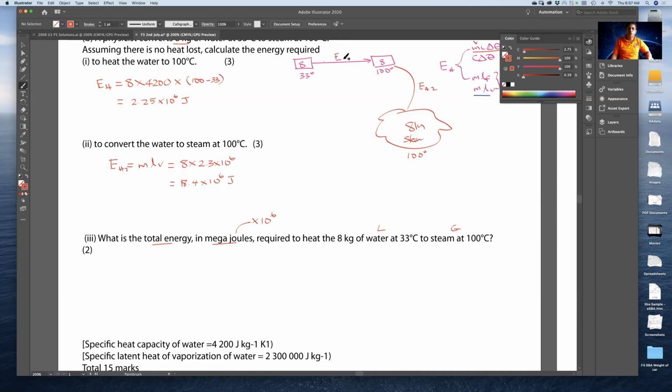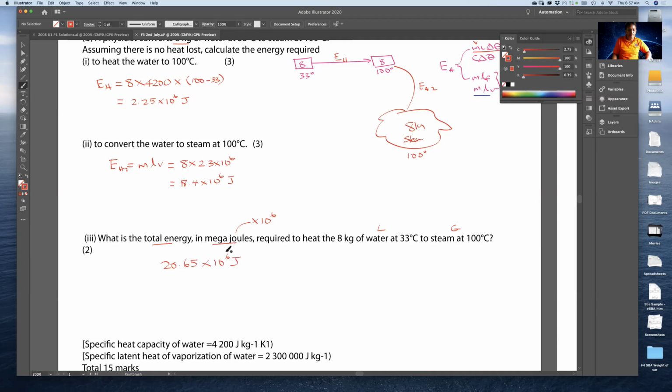So what is the total energy needed to change 8 kilogram at 33 all the way down to 8 kilogram of steam at 100? And we simply have to add these two numbers. And when you add them, you will get 20.65 by 10 to the 6 joule.